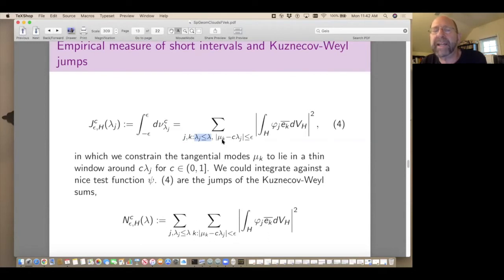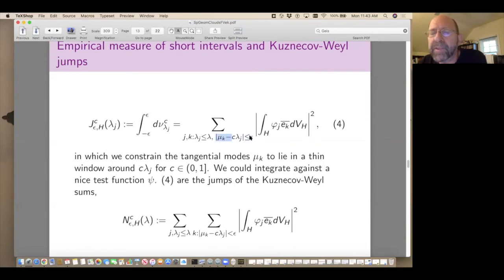You sum over eigenvalues of H, and you look where the eigenvalues of H are roughly some constant C times the ambient frequency. And so these are very narrow windows. We're not able to study a single Fourier coefficient. We can study Fourier coefficients centered in small windows around the value C times lambda j, where lambda j is the ambient frequency and C is between 0 and 1, or just less than or equal to 1.